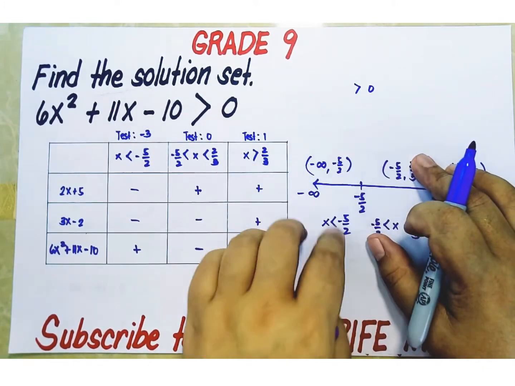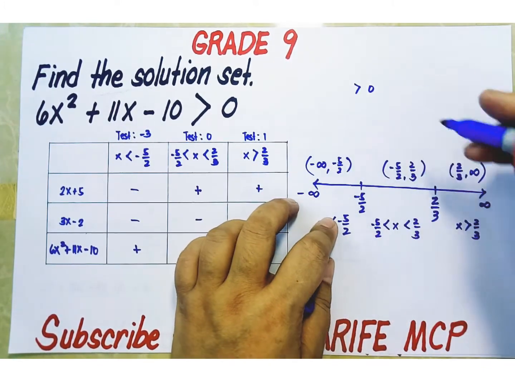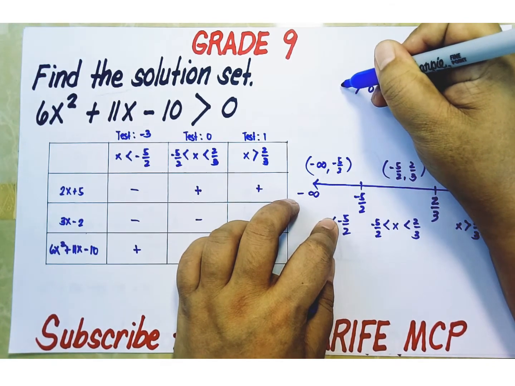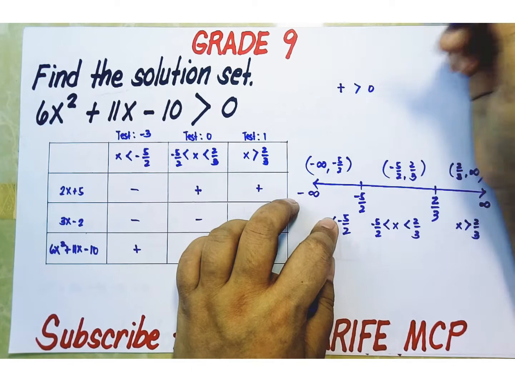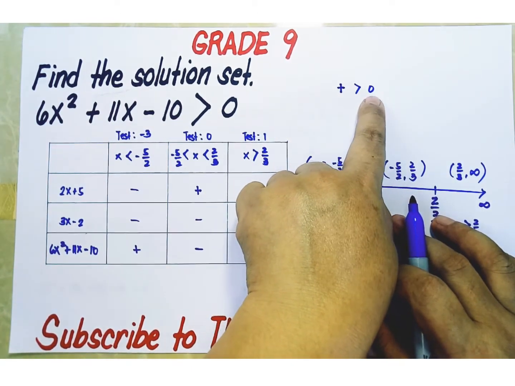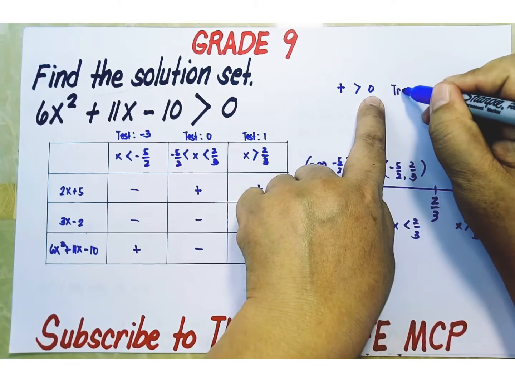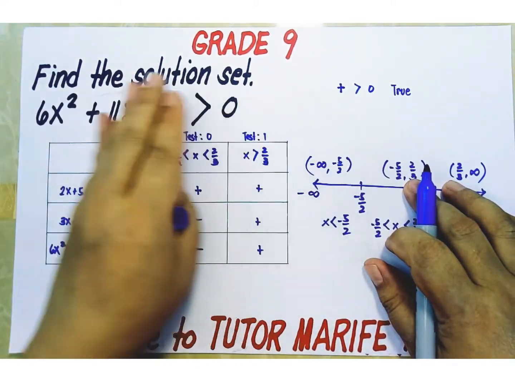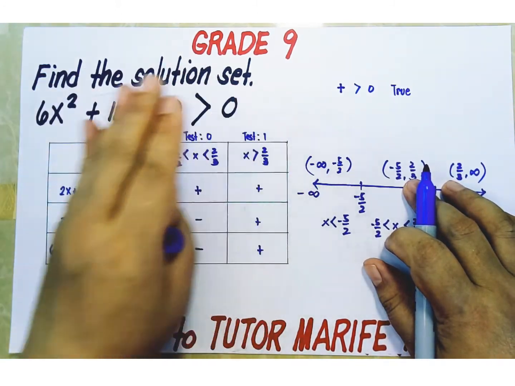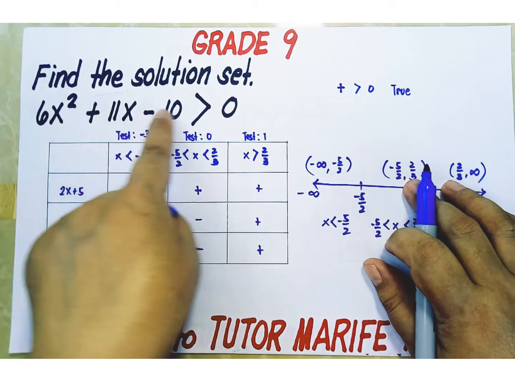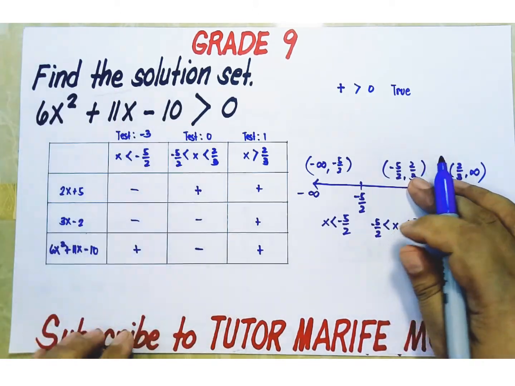The inequality statement is always true if the numerical value at the left side is any positive number greater than 0, it's always true. So referring to our table of signs, we are looking for intervals that will give us a positive result for the left side.